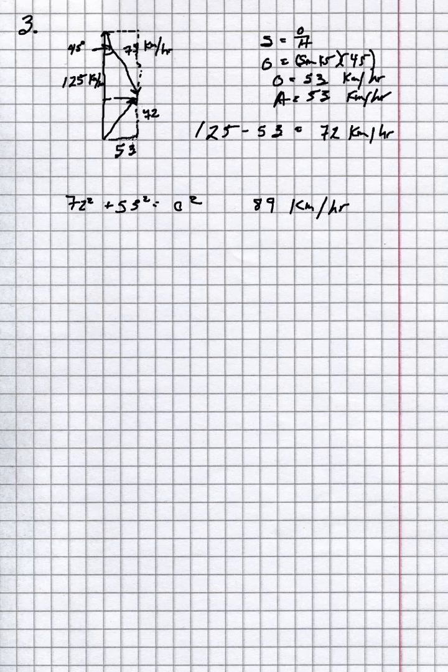Let's find this angle right here. Again, let's do tangent. Okay, the opposite is going to be 53 divided by 72. Tangent of theta is equal to that. Then we have to take the inverse tangent, or the arc tangent.